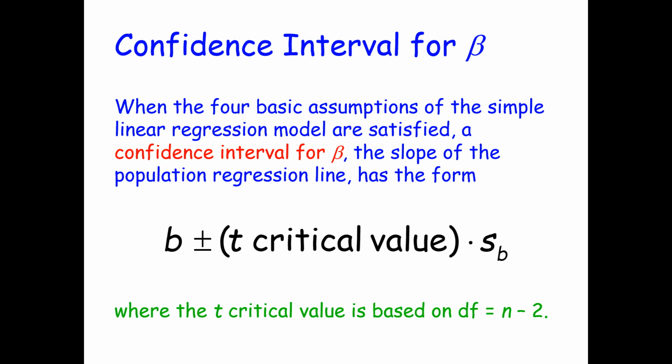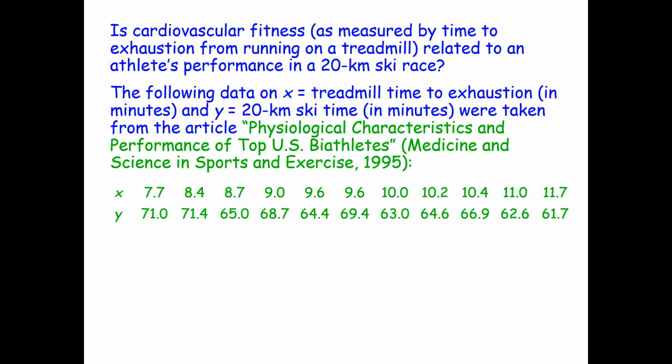Let's take a look at an example. Is cardiovascular fitness, as measured by time to exhaustion from running on a treadmill, related to an athlete's performance in a 20-kilometer ski race? The following data is on x equals the treadmill time to exhaustion in minutes, and y equals the 20-kilometer ski time in minutes.